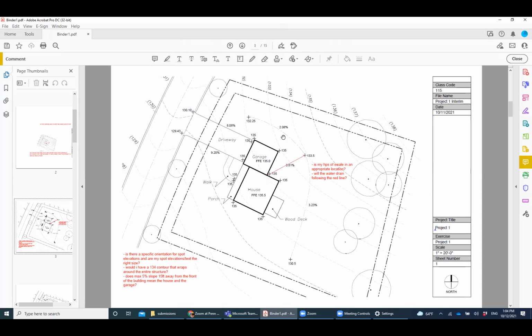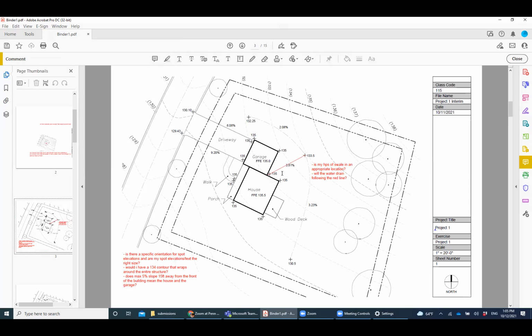All right, is my HPS of swale in an appropriate location? It's a little far. We can drag it over, but we don't have to. I can see pros and cons of doing that. For instance, if I want this area to be pretty flat where kids can play, I want to make it flatter, so the swale needs to stay away from where I want to have some usable space.